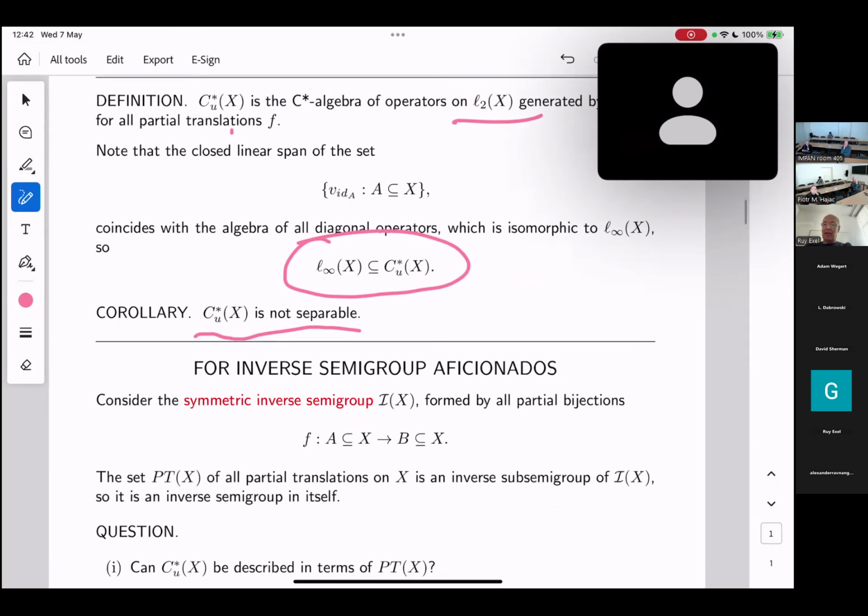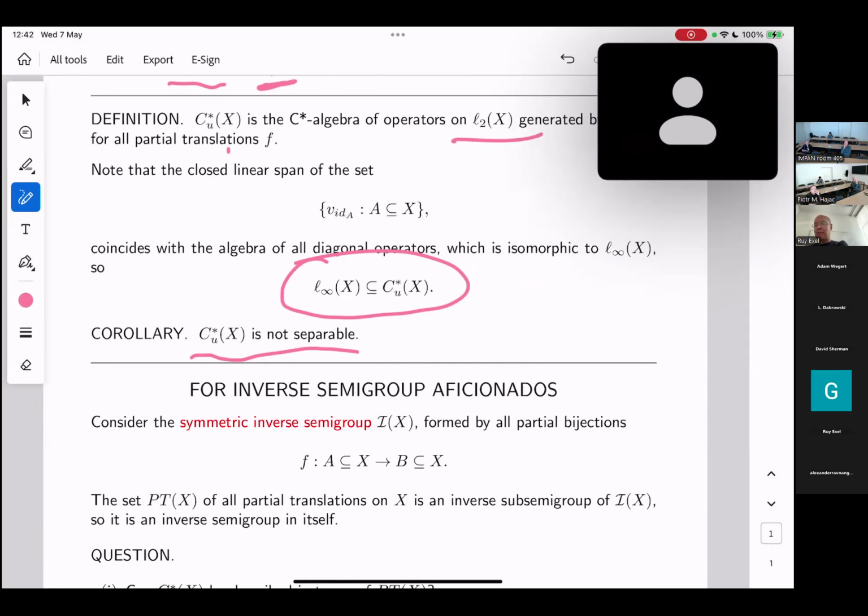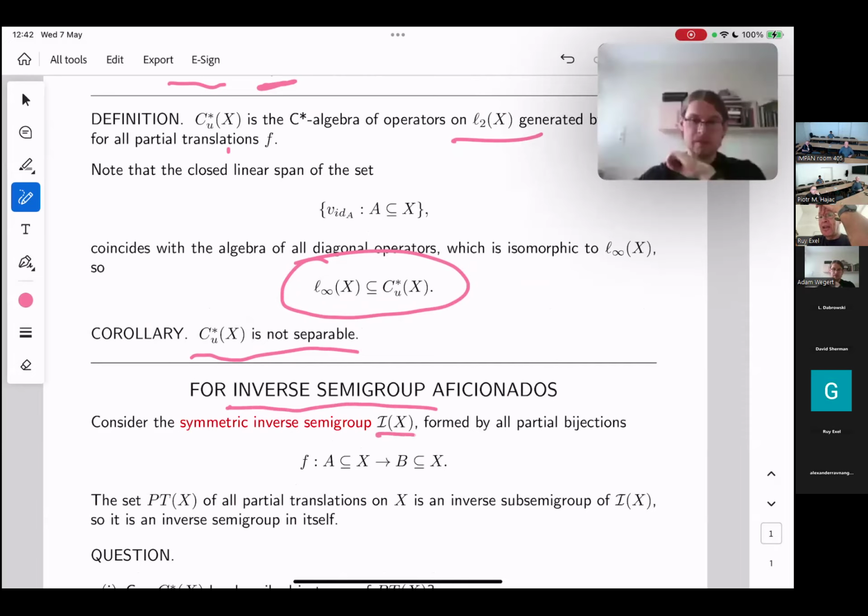So here's a little intermission for people who like inverse semigroups like I do. So if you have any set, the notation I of X... Sorry, what is the word for inverse semigroup and what? Aficionados. So for people who like inverse semigroups.